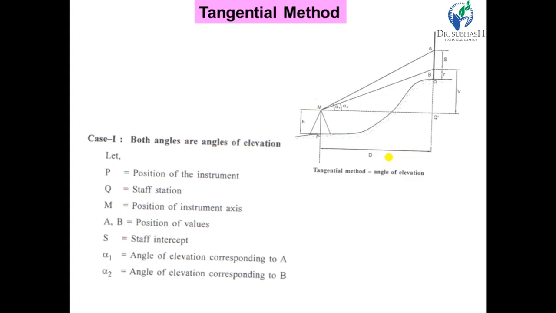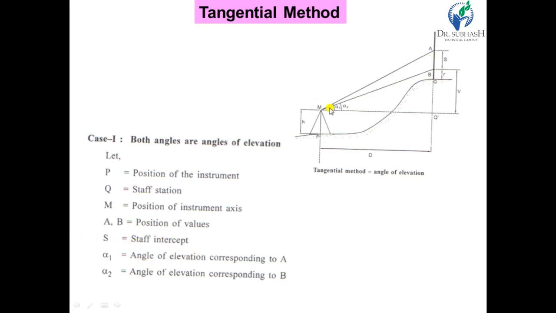Both the angles are angles of elevation. The first case arises when both angles are in elevated positions, right? Some of the notation should be given on the figure. P is the position of the instrument, Q is the staff station, M is the position of the instrument axis, and AB is the vane position, also called the staff intercept.